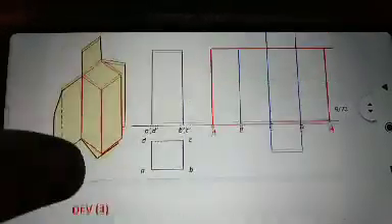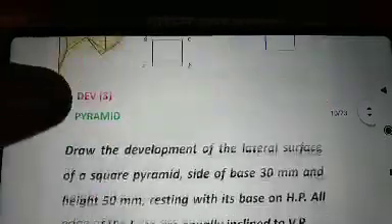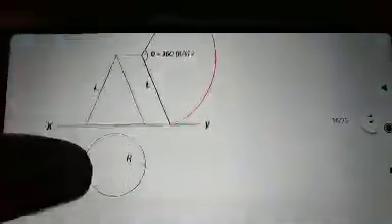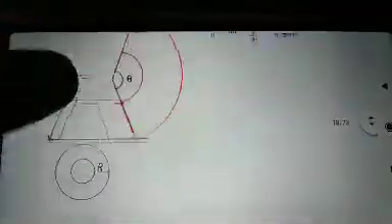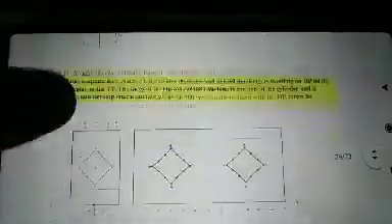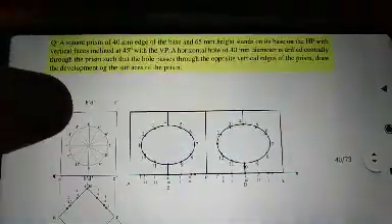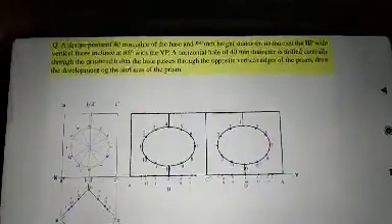We will discuss another point regarding this square prism also. Okay, so let us see one example for developing the square prism, as we discussed the development of cylinder in a simple manner. Now there is one example for square prism development.